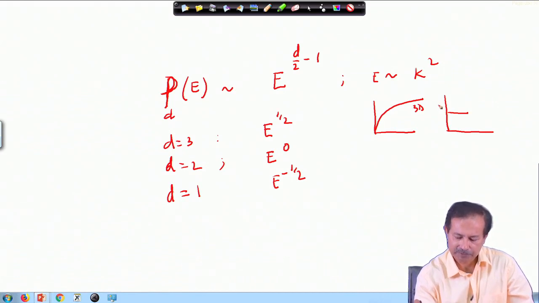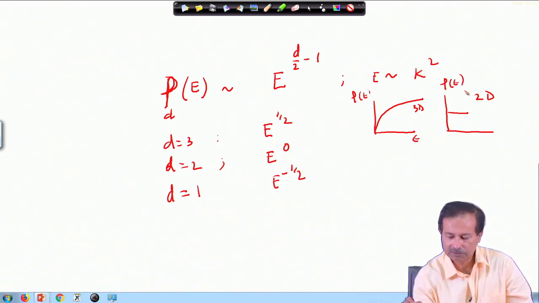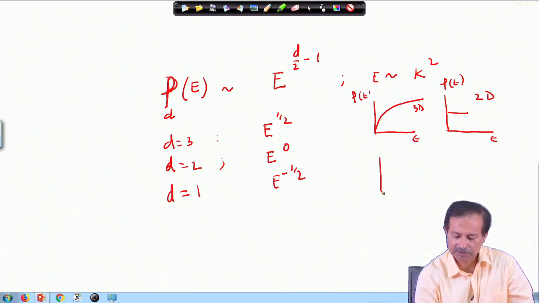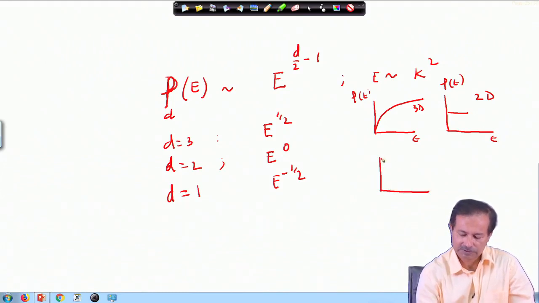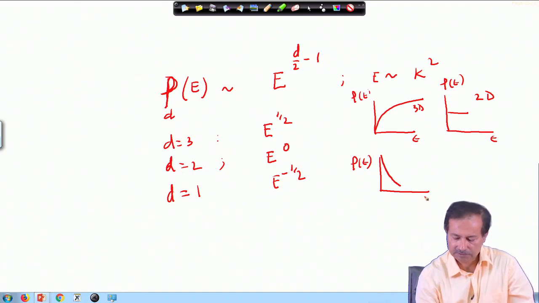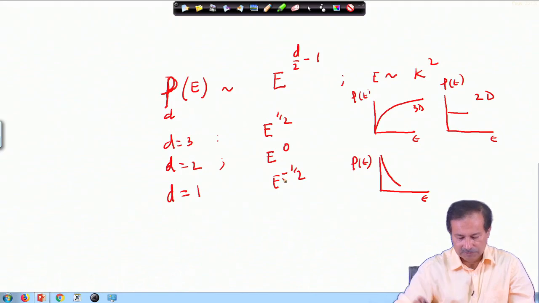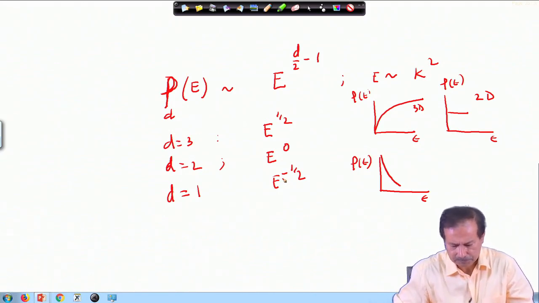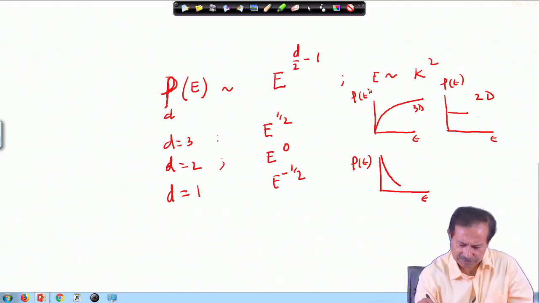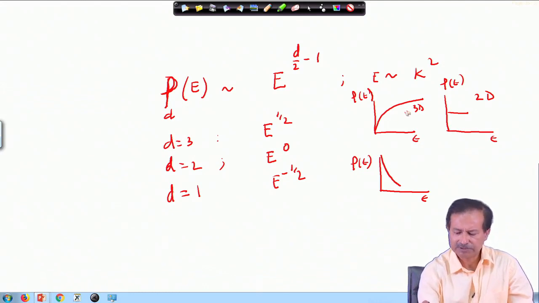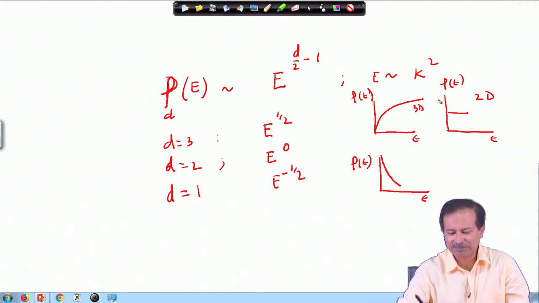So, this is 2D, rho E versus E, and in 1D, of course, there is a huge pile-up of density of states at E equal to 0, and it goes as 1 by square root of E. The 3-dimensional case is the most well-behaved density of states.